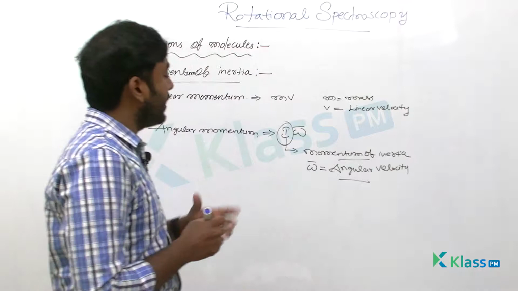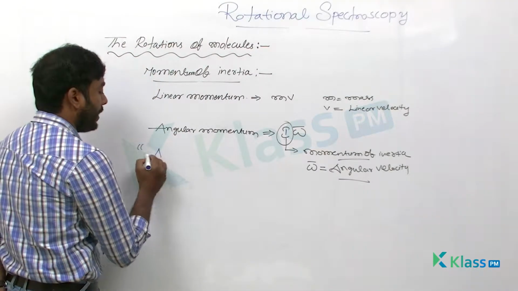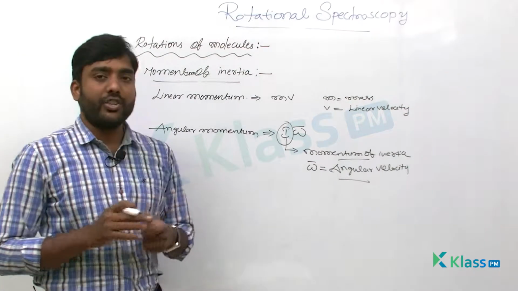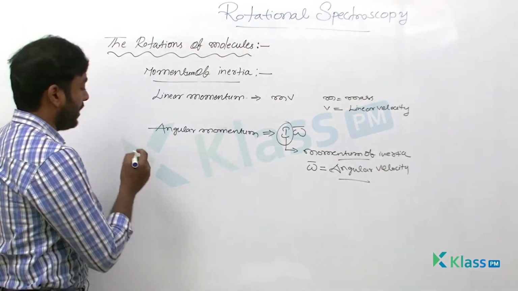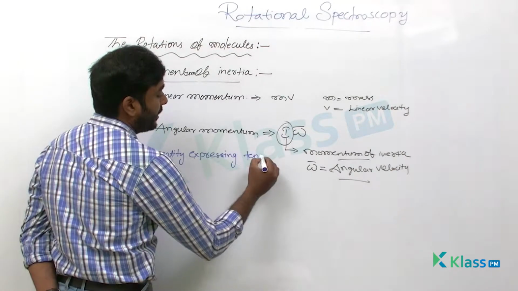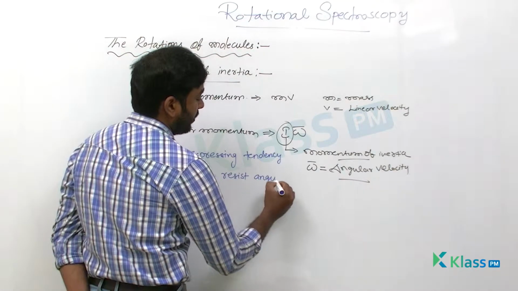So there are 2 ways to define it. We can give 2 definitions for the moment of inertia. Let's see the first definition: a quantity expressing the tendency of a body to resist angular acceleration.